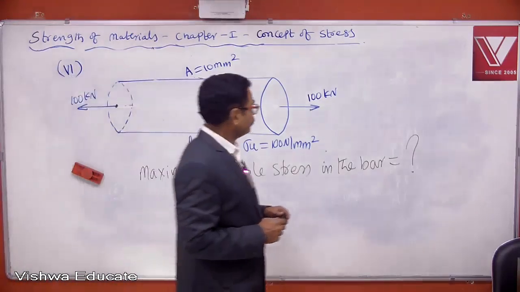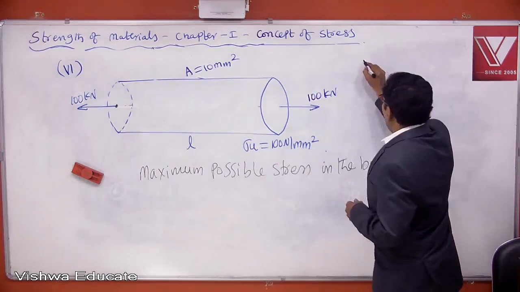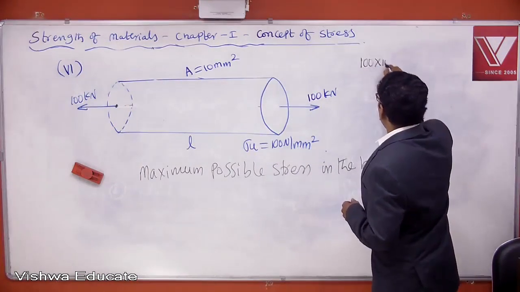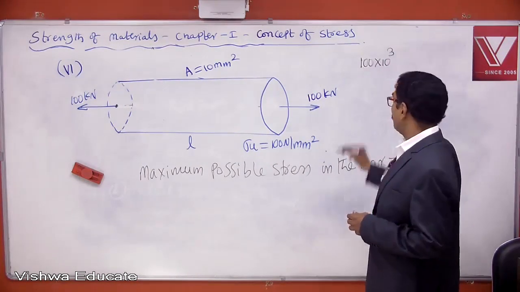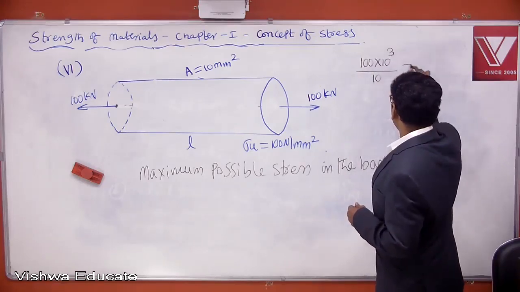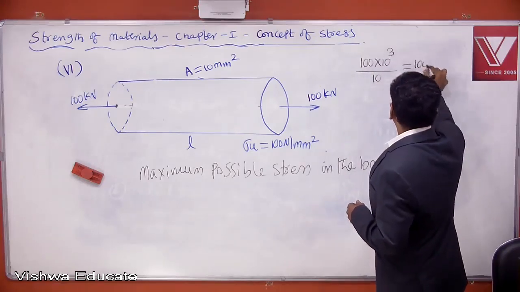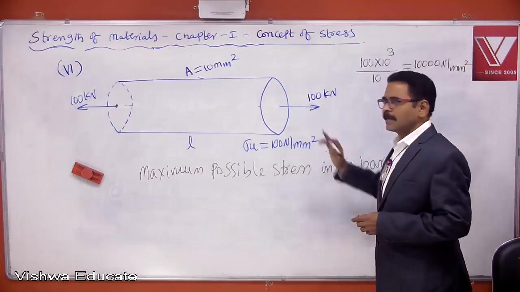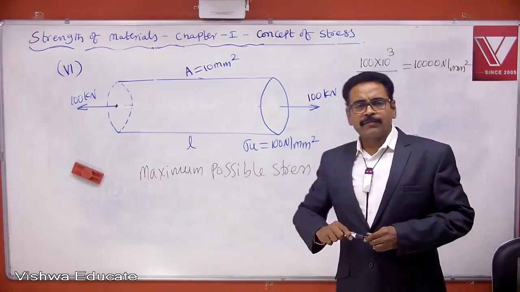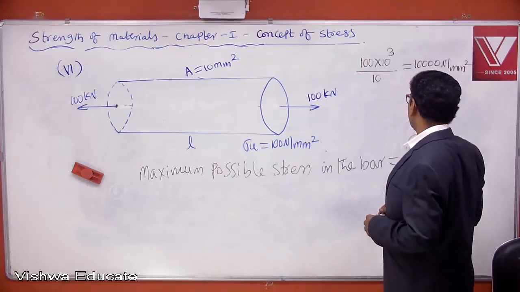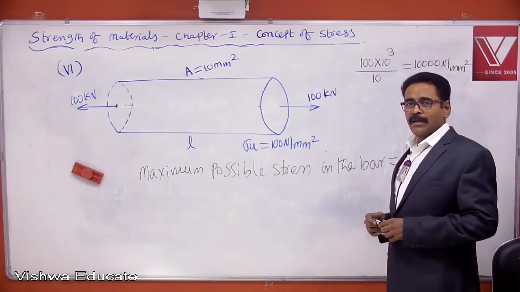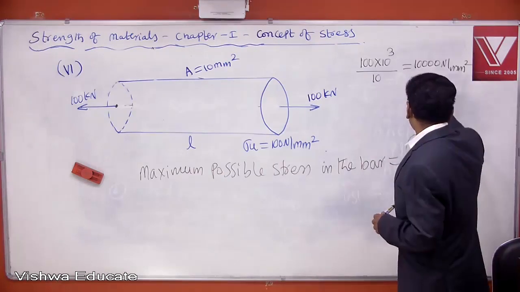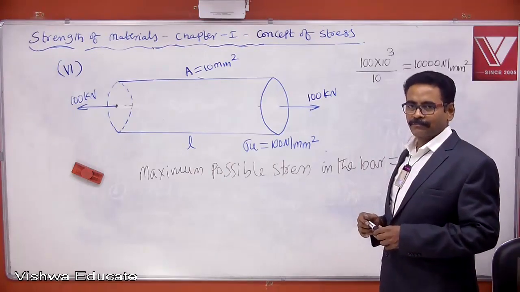Is it 100 into 10 power 3? 100 kilonewtons means 100 into 10 power 3 by area 10, that means 10,000 Newton per millimeter square. If you use the force by area formula, the stress will come out as 10,000 Newton per millimeter square.